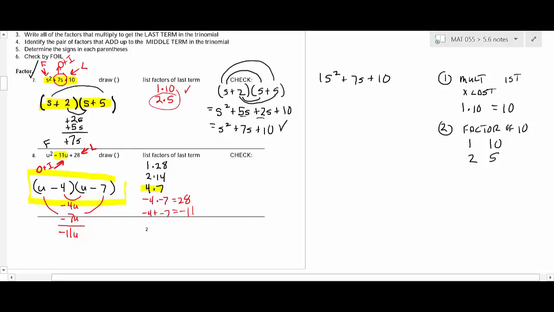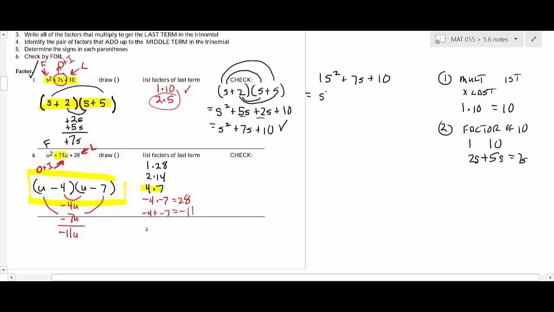Now, since we know that these add up to 7, I'm going to write this as 2s plus 5s to get that 7s. Now you change this into a factor by grouping problem. So watch this carefully. If you want to do the problems this way, you can do it this way.